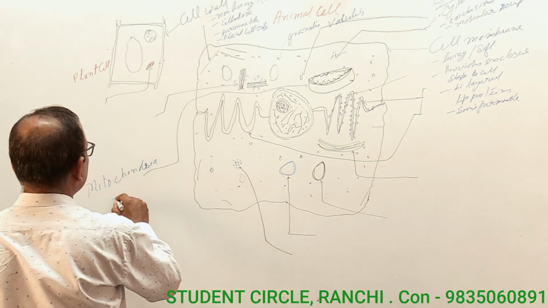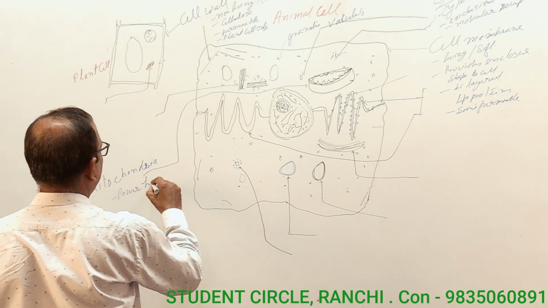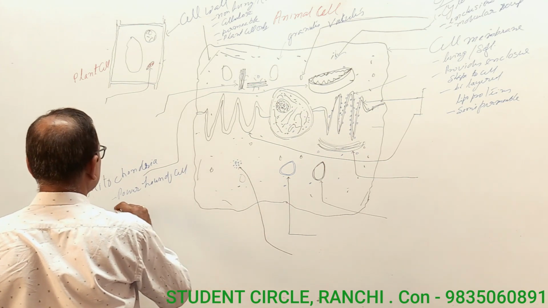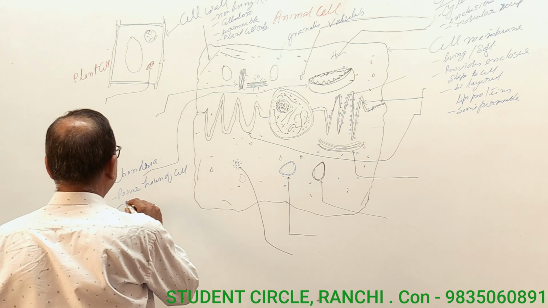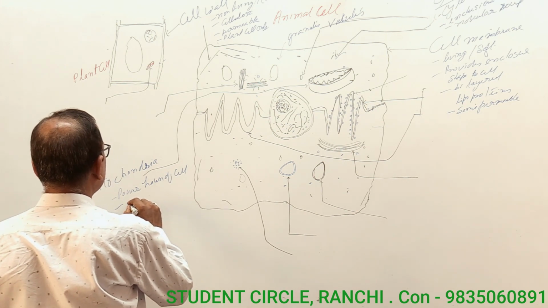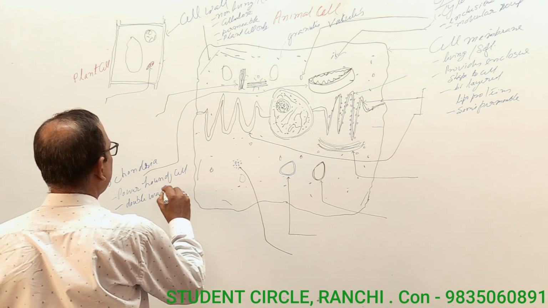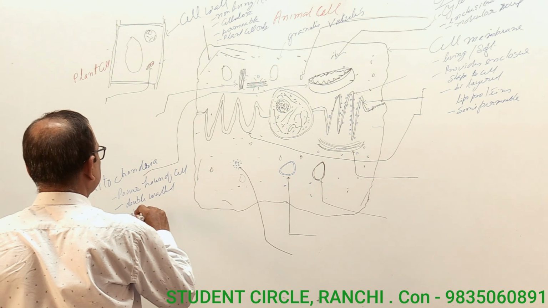Mitochondria is the power of the cell. It is also called the powerhouse of the cell because it generates energy. It is a bilayered, double walled structure.